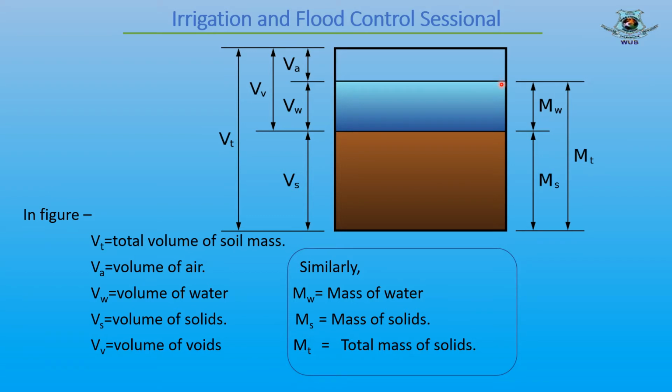This part represents the mass of the constituents. Here, MW represents the mass of water, MS represents the mass of solids, and MT is the total mass. We know the mass of air content is 0. So, Ma, that means mass of air, will be 0.